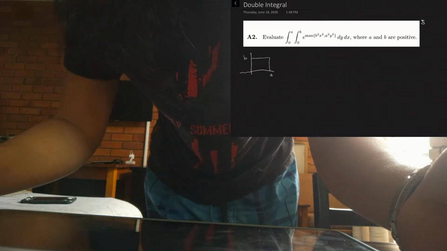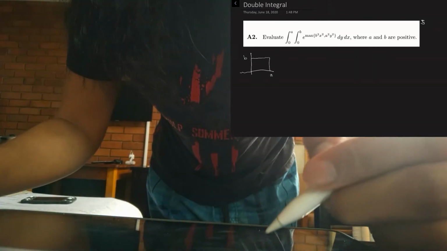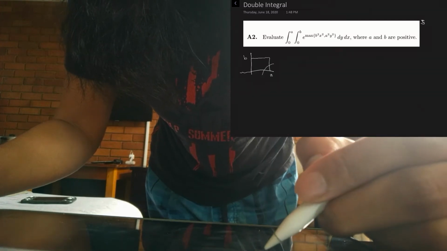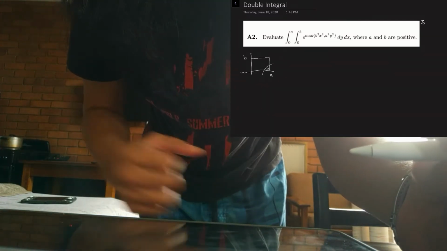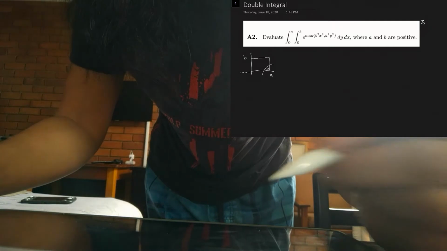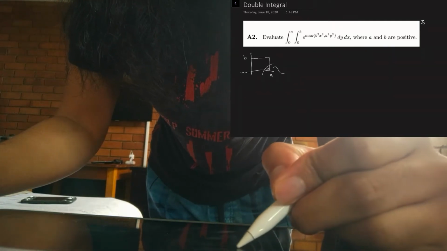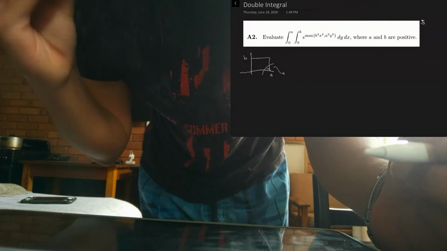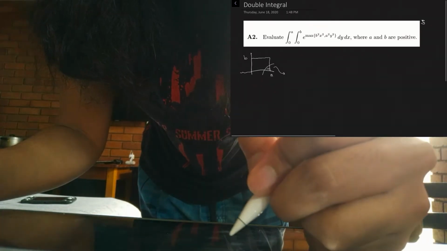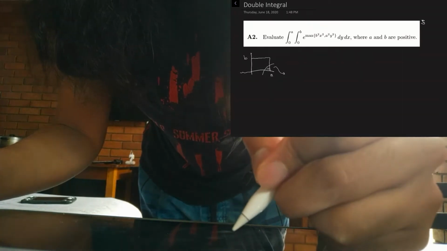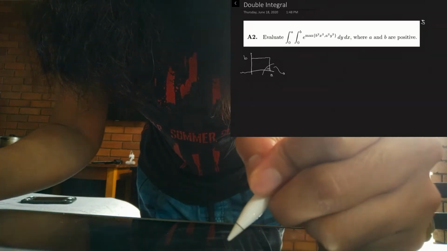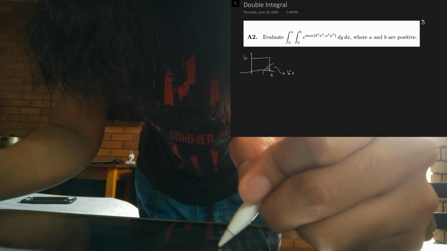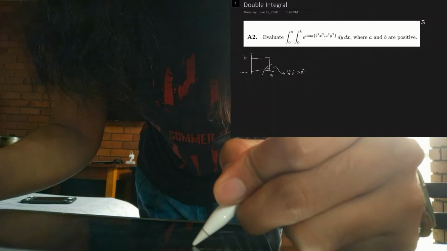or when is a squared y squared bigger? Intuitively, in this region right here, in this lower right corner, x has a larger value while y has very small values. So in this region, b squared x squared is greater than a squared y squared.